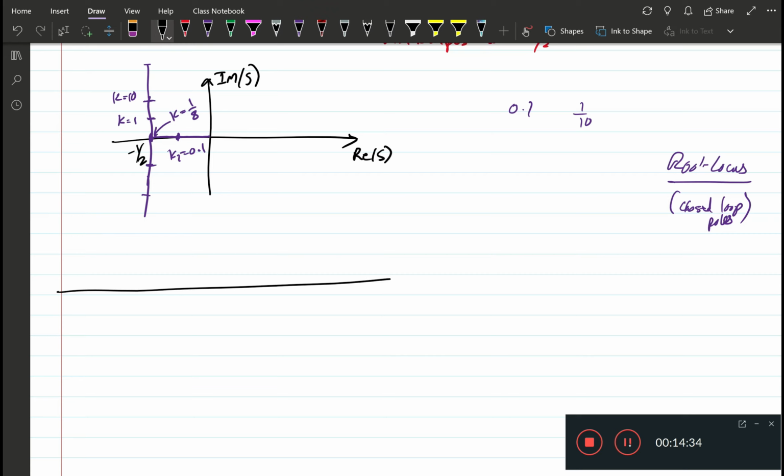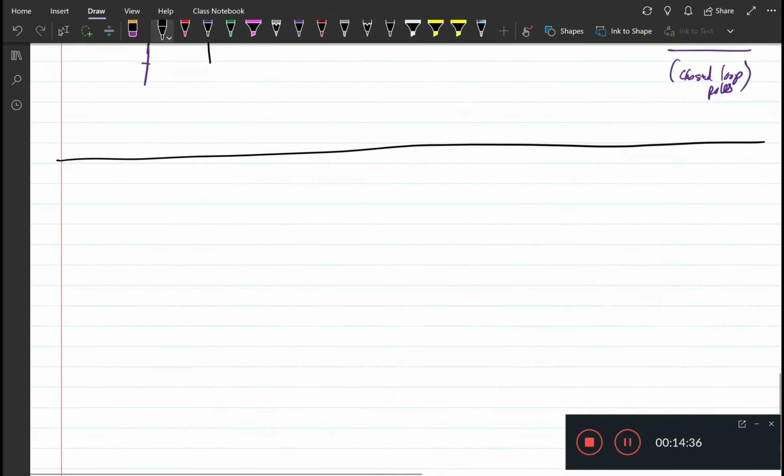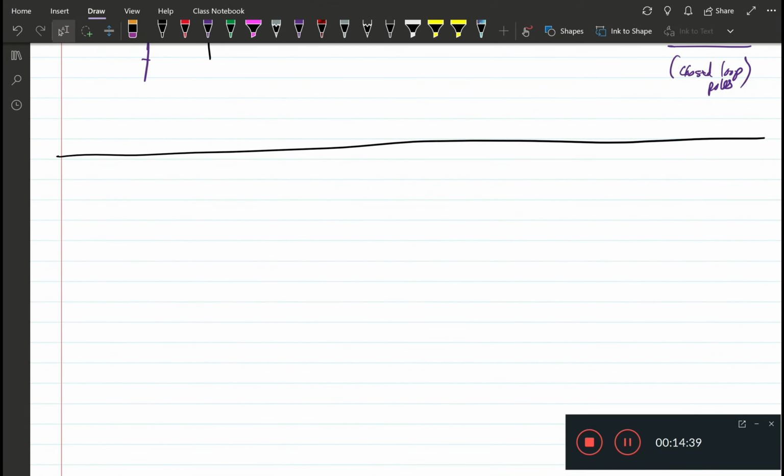Now we also learned about Bode magnitude plots and Nyquist plots, so let's look at that as well.